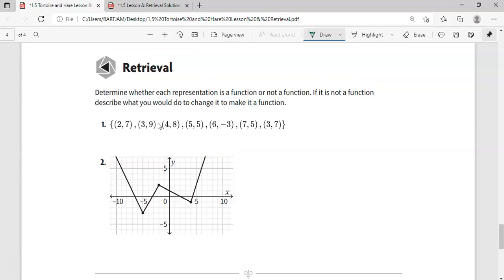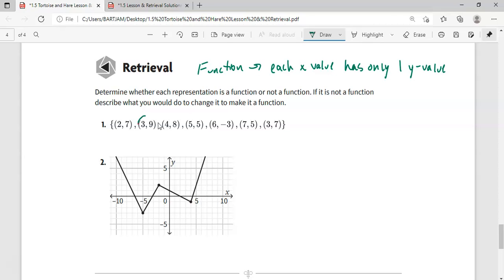So as a reminder, a function is a relationship where each x value has only one y value. And so as I explore question 1: (2, 7), (3, 9), (4, 8), (5, 5), (6, -3), (7, 5), (3, 7).